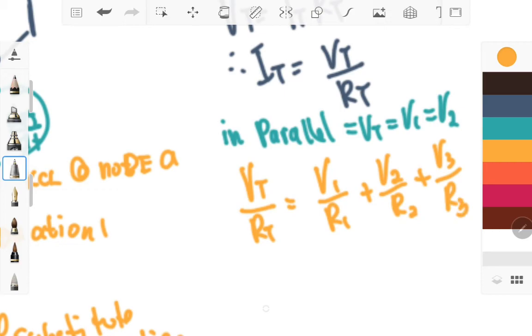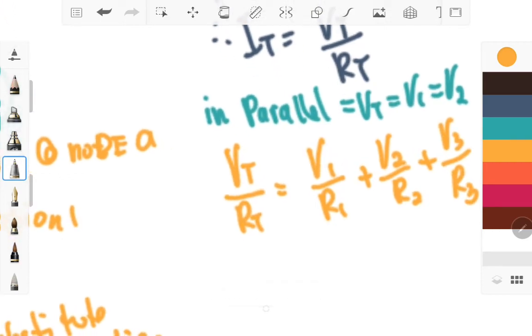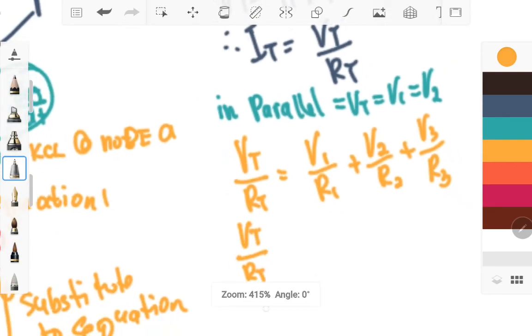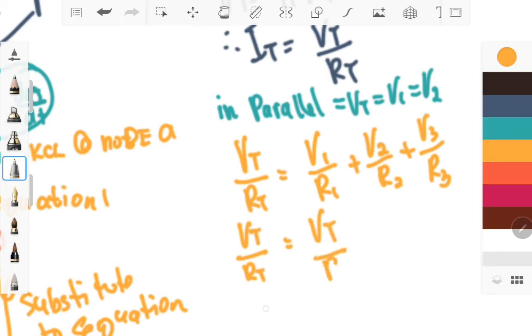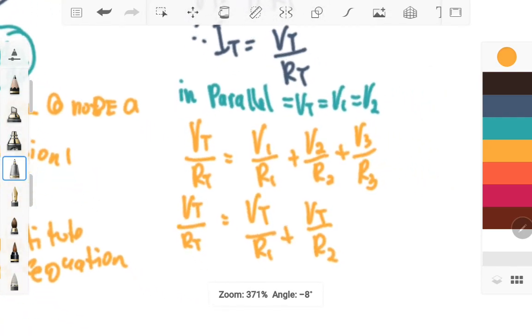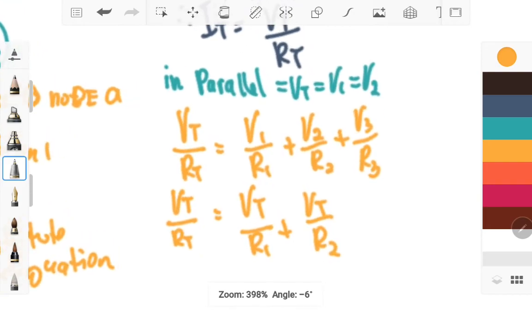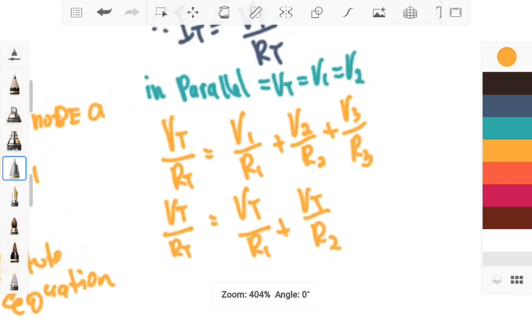So, therefore, since V1 is equal to V2, which is also equal to V3, I may say that V total over R total is equal to V total all over R1 plus V total all over R2 plus, sorry, the angle is changing, guys, plus V total all over R3.